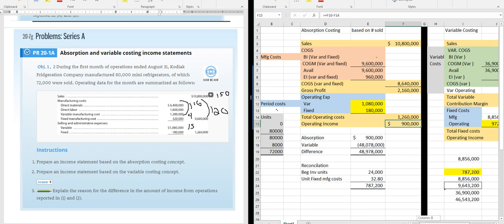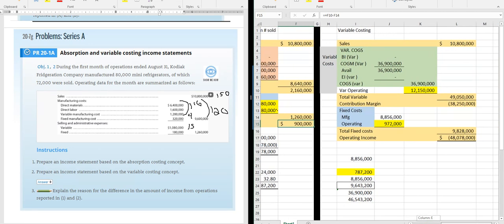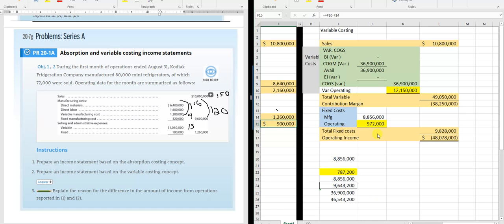So now let's go to variable costing. So I have my sales of 10,800,000. Now I only want my variable manufacturing costs. So beginning inventory is 0. This one is I manufactured 80,000, and I only want variable costs, so they're 116.